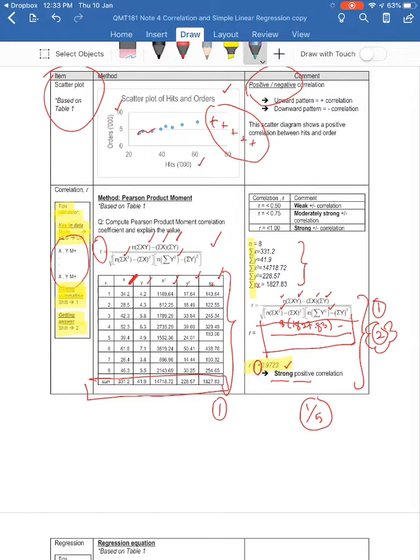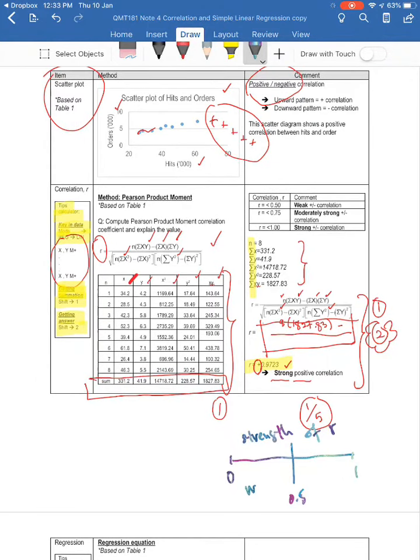So for those who have memorized this theory, the strength, this one is strength of R. 0 to 1 divide by half. Okay, so here is weak.